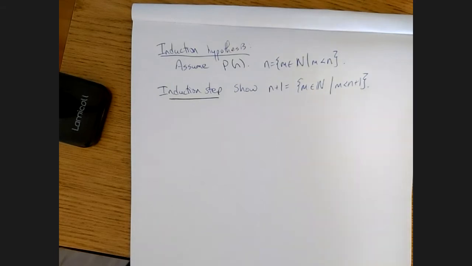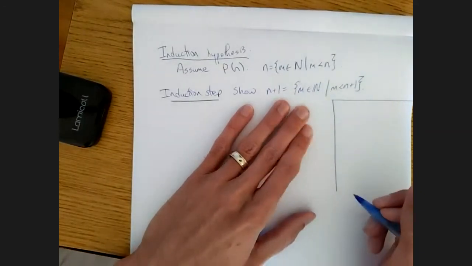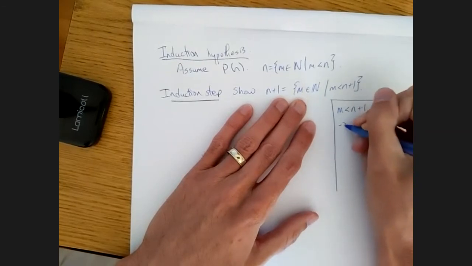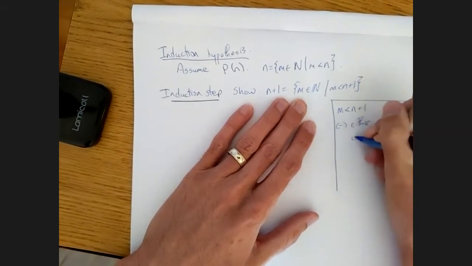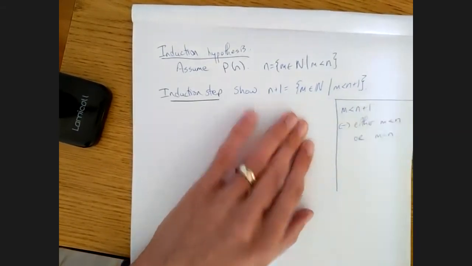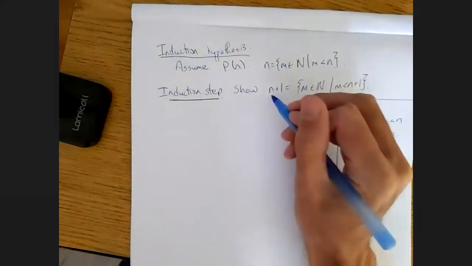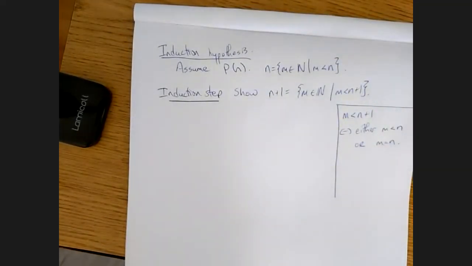For example, we've shown that m is less than n plus 1 if and only if either m is less than n or m equals n. So we want to show these two sets are equal. We need to show that the second is contained in the first, and the first is contained in the second.